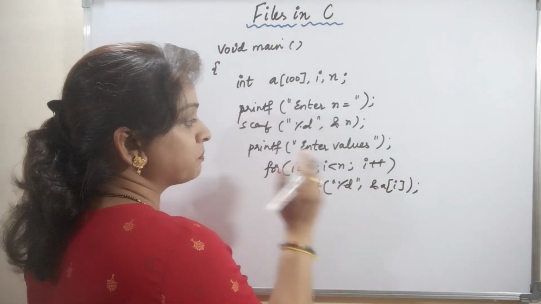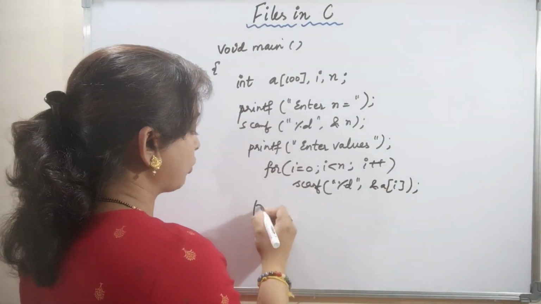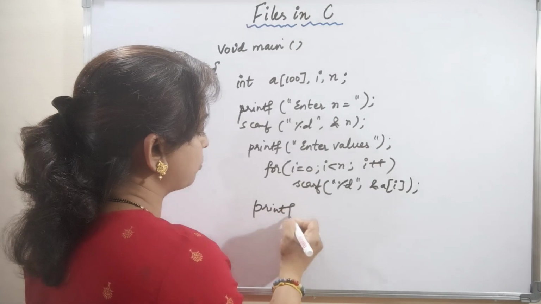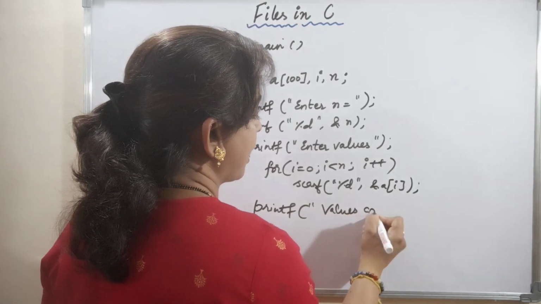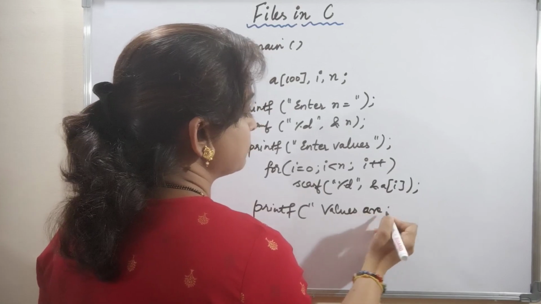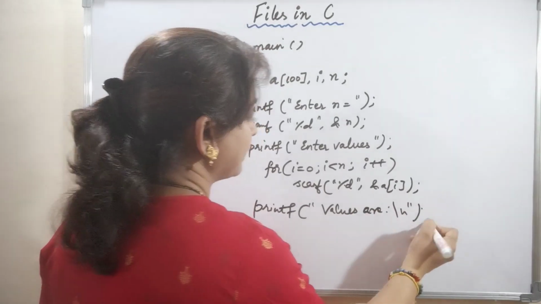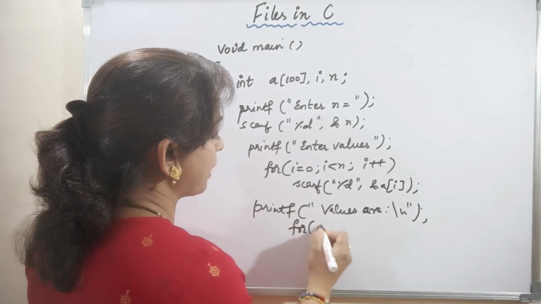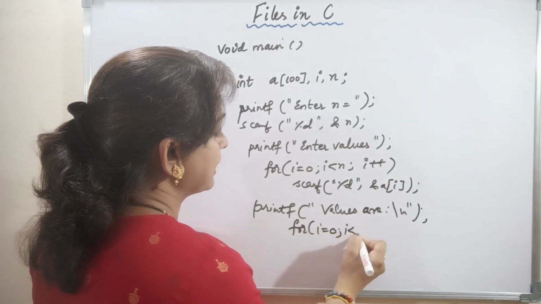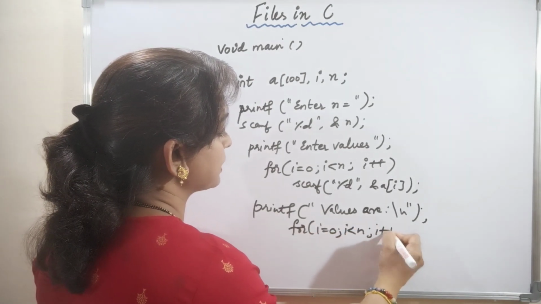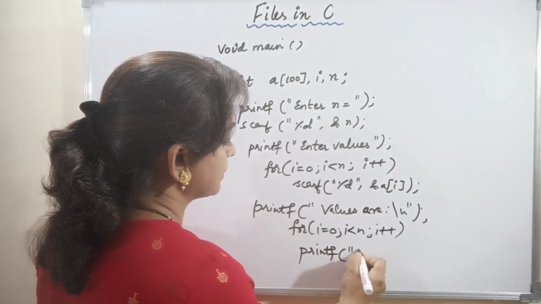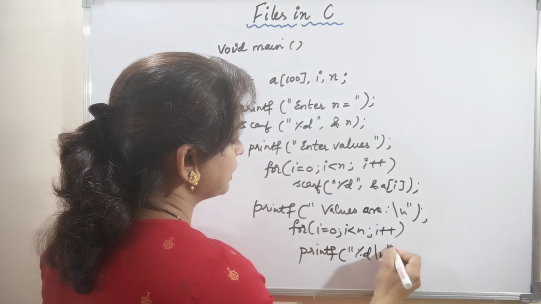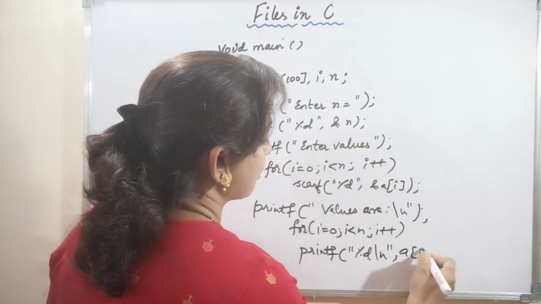So I'm going to accept n values and I can also print those values onto the screen. I say printf, values are, then again start the for loop. i equal to 0, i less than n, i plus plus. Then I say printf %d, new line, a of i.